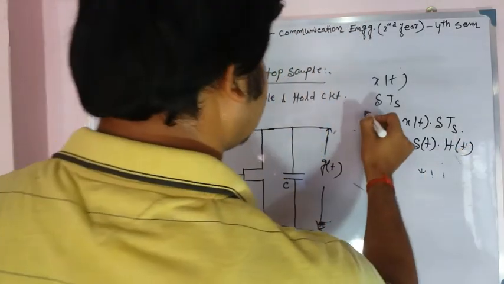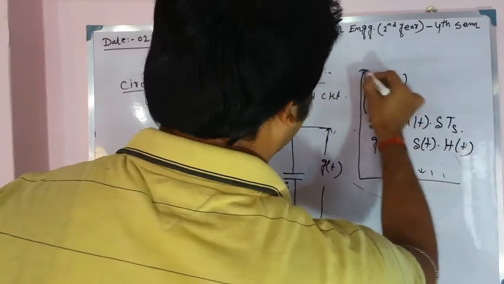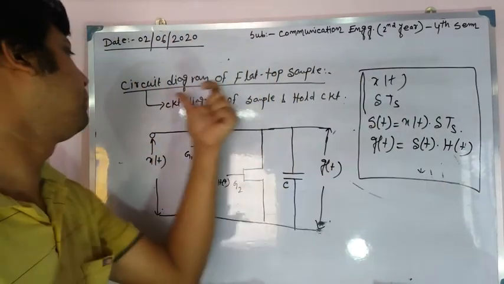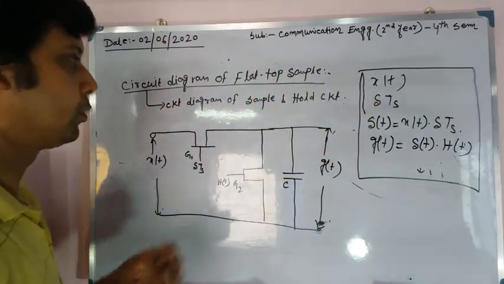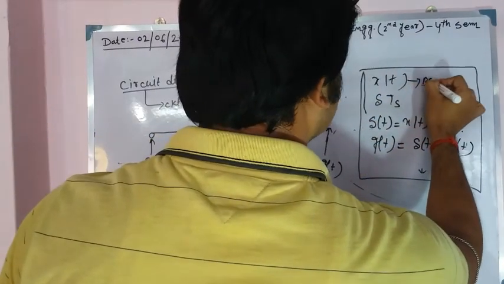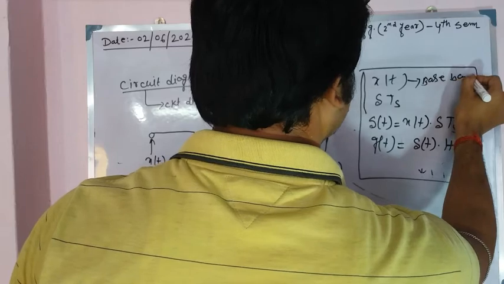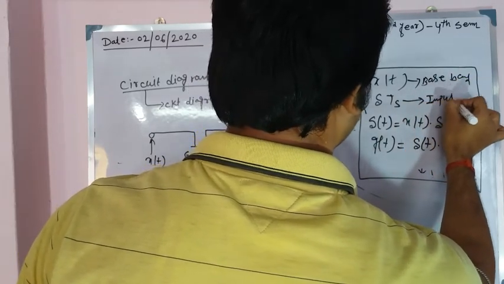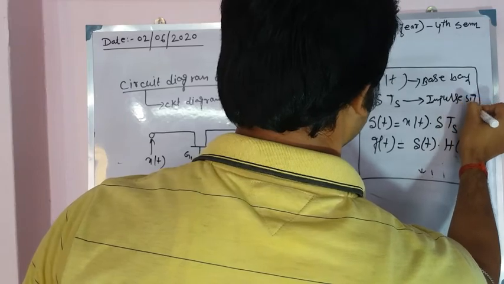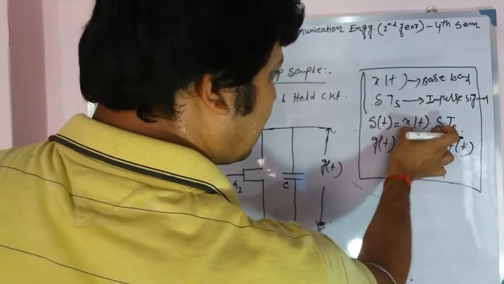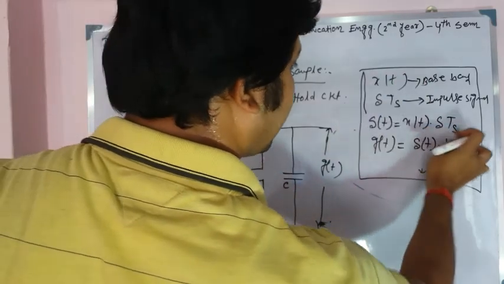This is the formula for generation of the sample and hold circuit. x(t) is called the baseband signal, δTs is the impulse signal, and s(t) is the multiplication of x(t) and δTs.